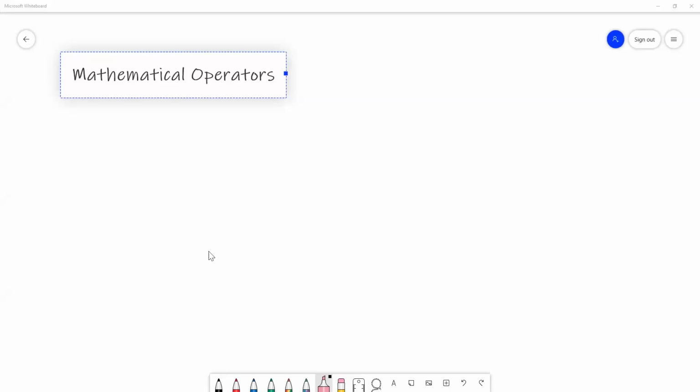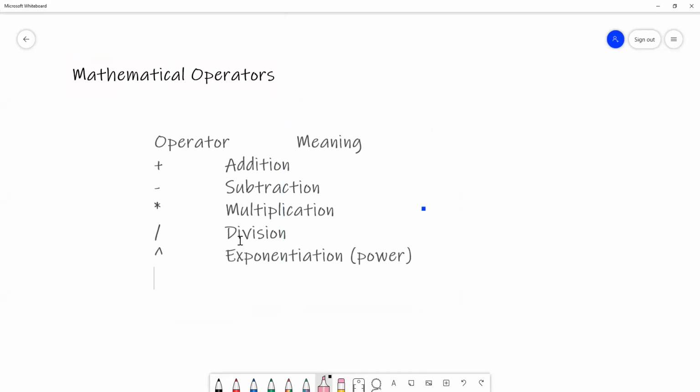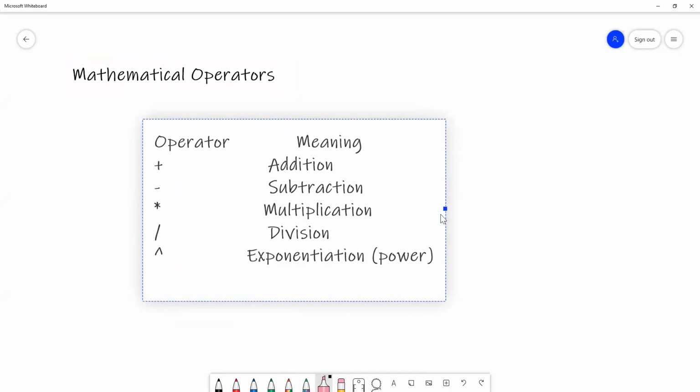So let's talk about the mathematical operators. So we discussed 5 operators, right? So the operator is plus, that's for addition, then subtraction, then we have multiplication, division, and the exponentiation, meaning the power of it, right?